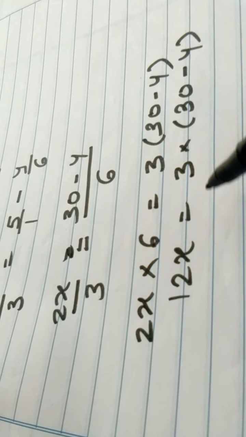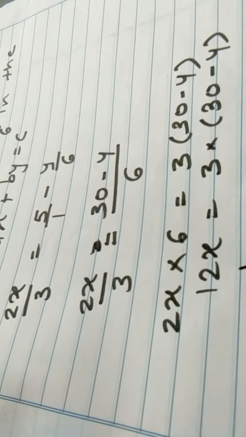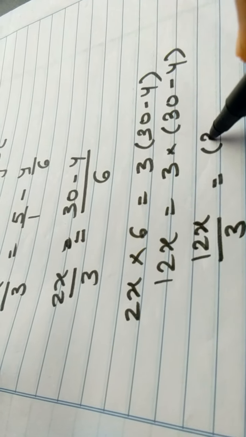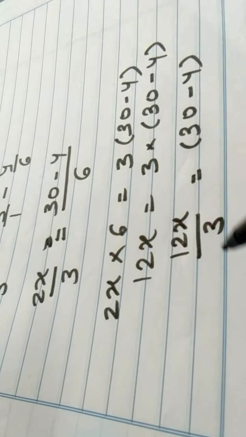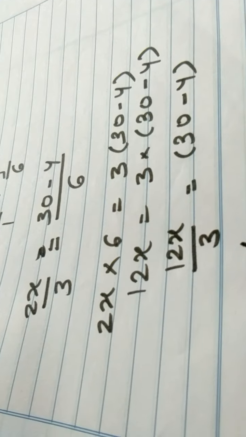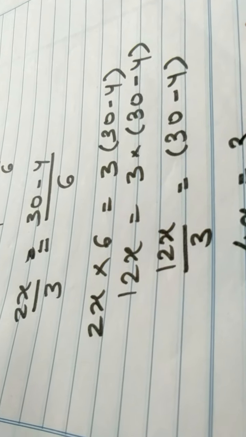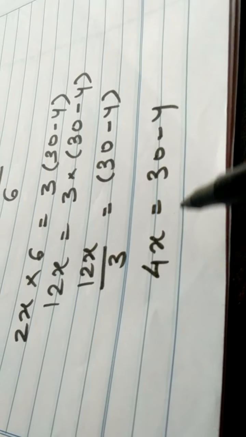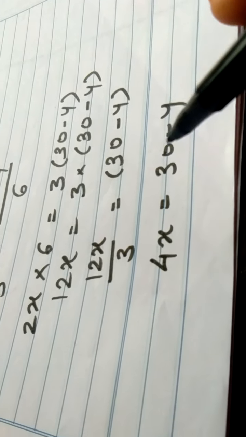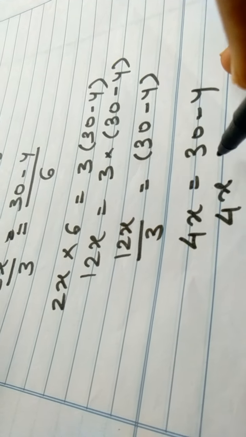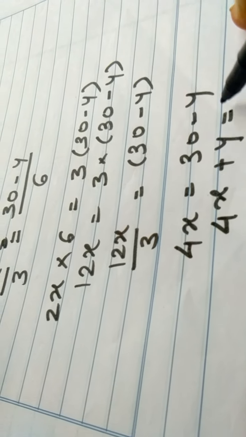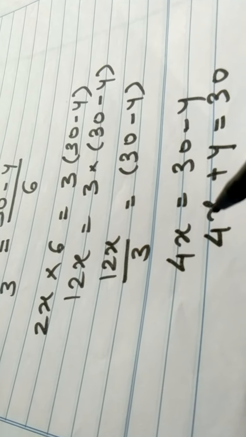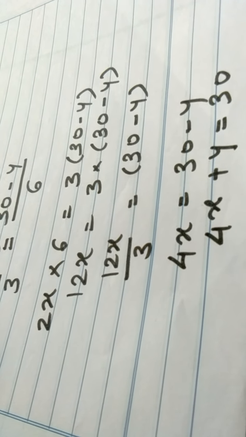You can take these 3 on the LHS, that is 12x upon 3 is equal to 30 minus y. 12x upon 3 means it is 4x is equal to 30 minus y. Now take this minus sign, minus y on the LHS, that is 4x plus y is equal to 30, which is the standard form of the linear equation in two variables. Okay.